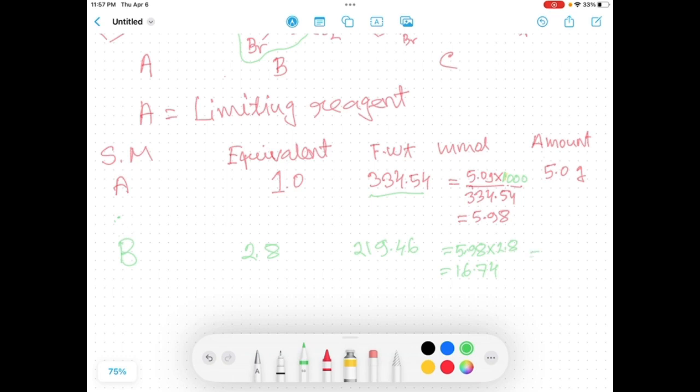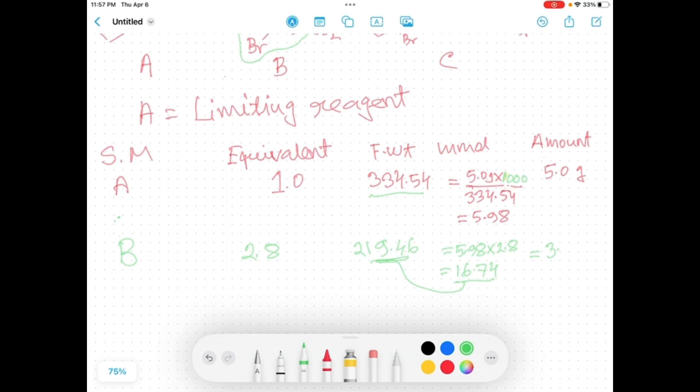Now to get the amount, you can multiply this millimole with this formula weight or molecular weight to get the amount. That will be like 3.678 something. So you will get whatever amount you will get.